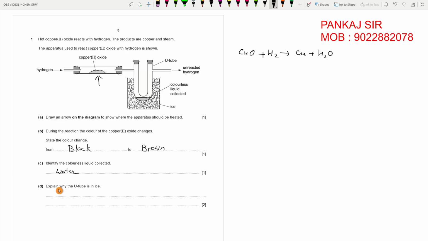So the answer will be the steam produced in this experiment must be cooled down so that it condenses to water. Fine.